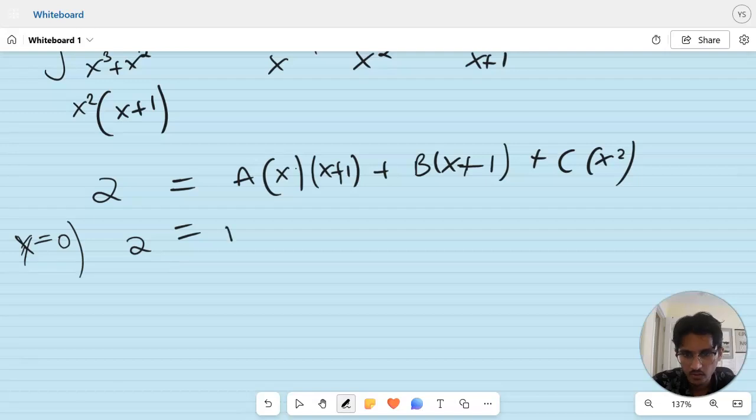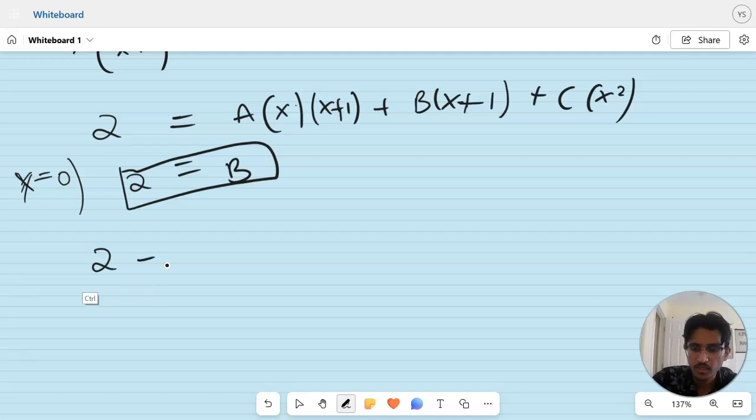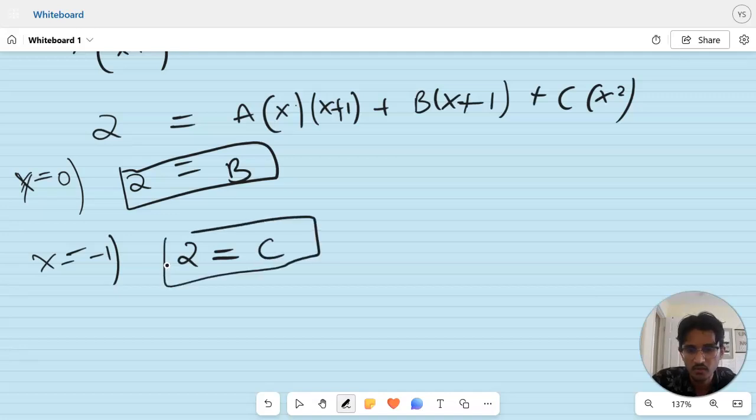We're left with 0 plus 1, which is 1, and that gives our B value. Now since we have x plus 1, let's set x to negative 1, since that would cancel it out. So 2 equals, this would make it 0, this would make it 0, but negative 1 squared is 1, so this is going to be our C value.